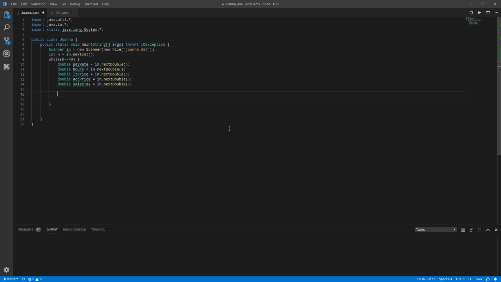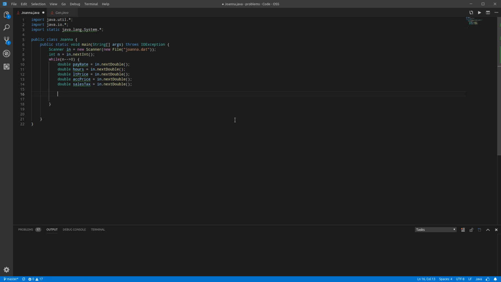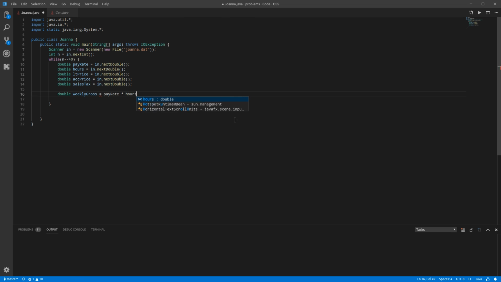Okay, so we're given some equations, and we're told that, for example, her weekly gross pay is her pay rate times the hours she worked each week, and then her weekly net pay is that gross pay minus 7.65%. So double weeklyGross equals payRate times hours.